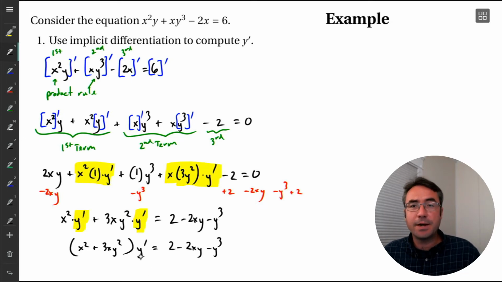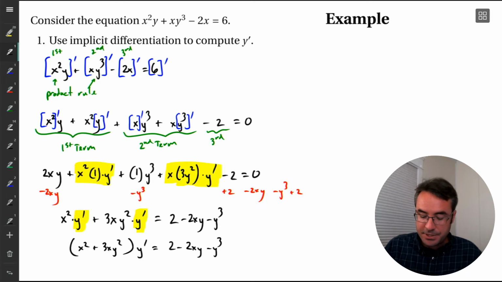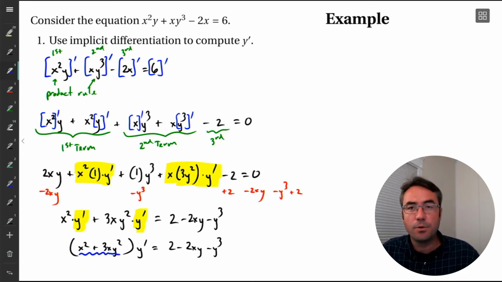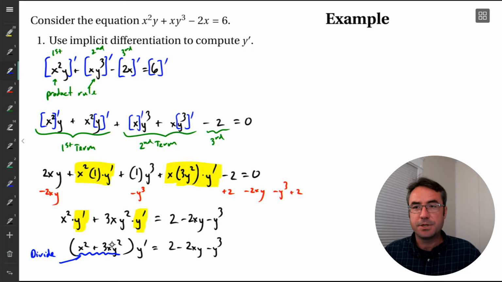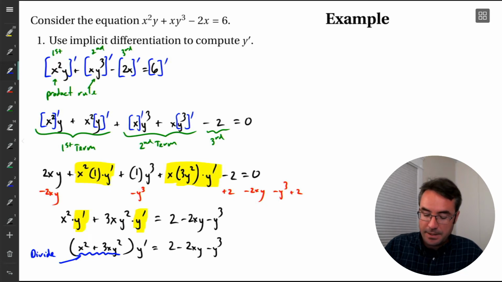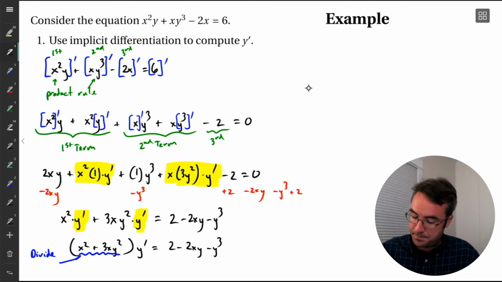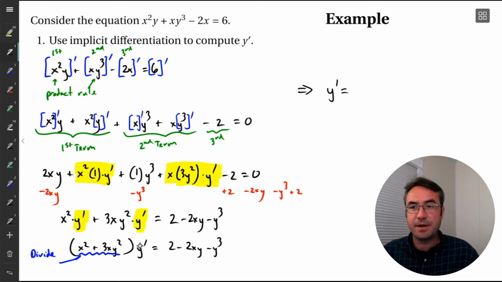And then finally, we want to solve for y prime. So just take this term in front, that whole thing, all the leftover pieces there, and we're just going to divide both sides of our equation by that. And so when we do that, we're going to have y prime left all by itself there on the left side.